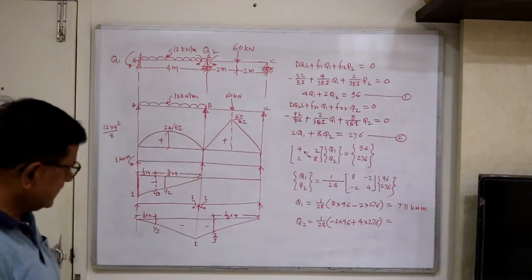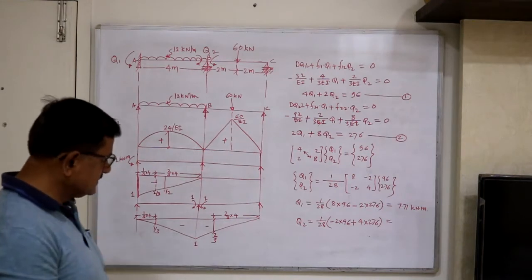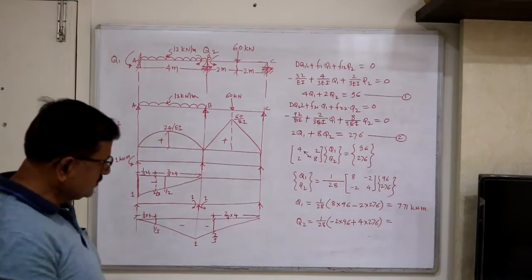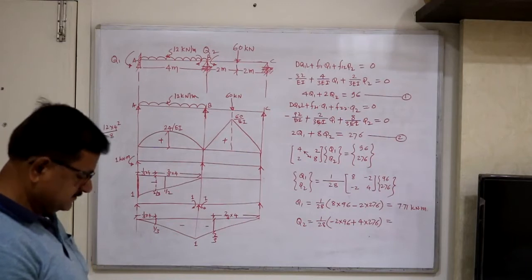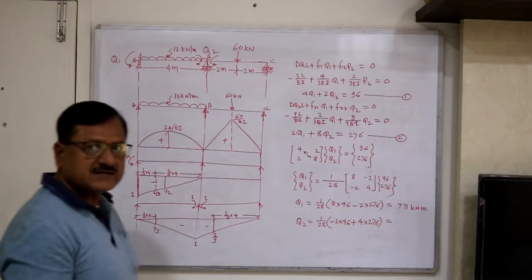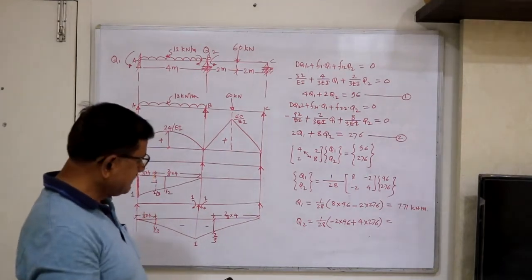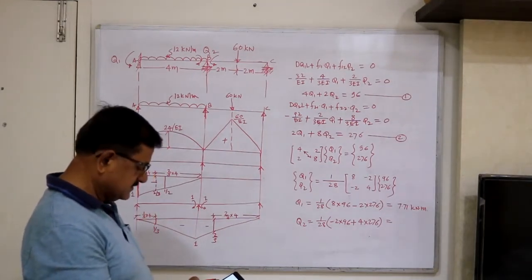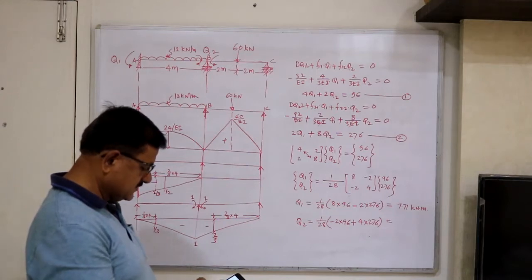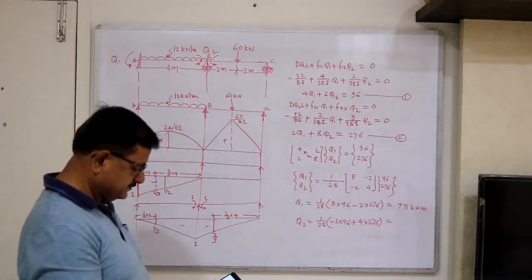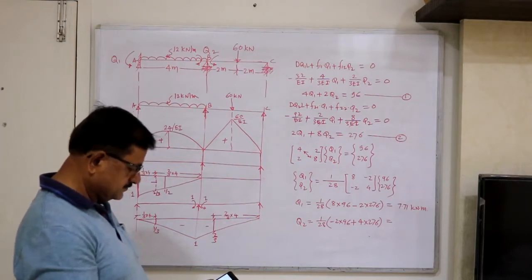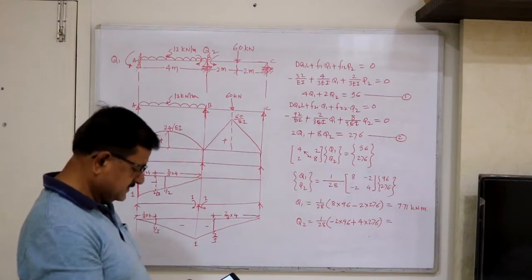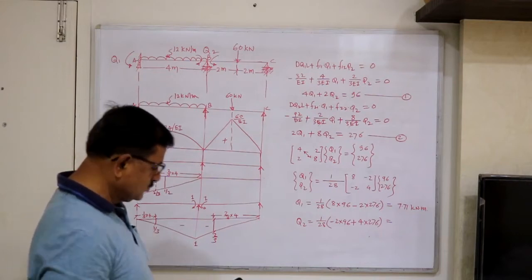Q1 is this. And then the second one is minus 2 into 96, then plus 4 into 276, divided by 28, 32.57.